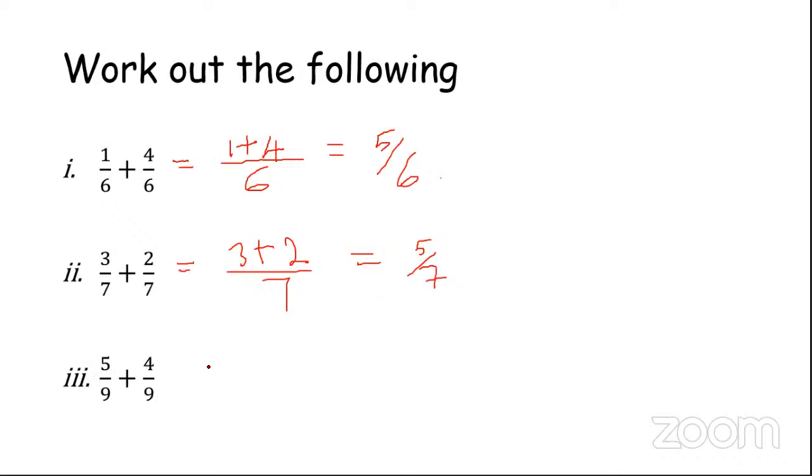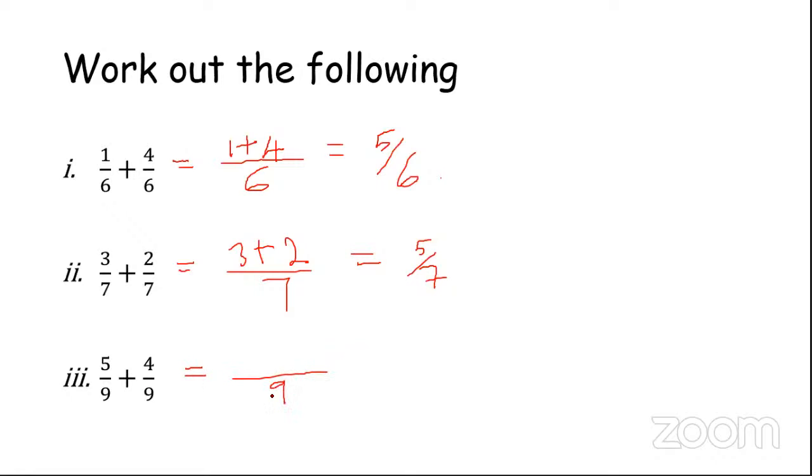Then the third, Laura, 5 over 9 plus 4 over 9. What does it give us? We shall say 5 plus 4 divided by 9 is equal to 9 out of 9, which is equal to a whole. Okay, thank you.